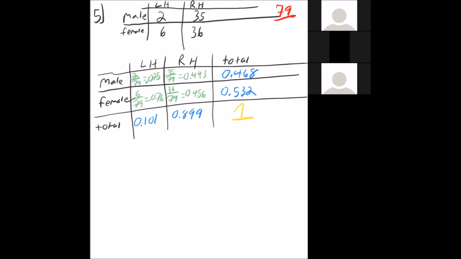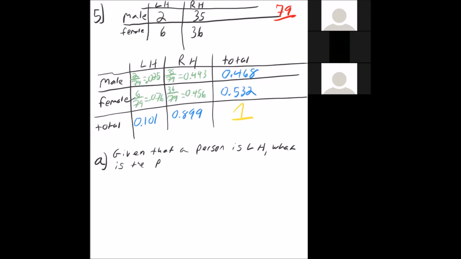So question A says, given that a person is left-handed, what is the probability that they are female? So we're going to be looking at our left-handed. That's what it gives me first. So let me just write this. .076, right?